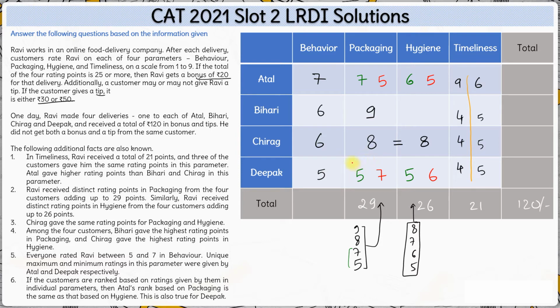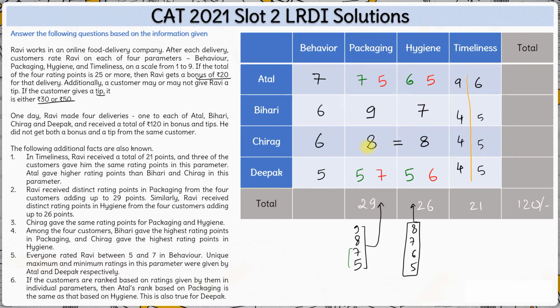Fine. So one thing is for sure, that in hygiene, Atal and Deepak will be giving ratings of 5 or 6 in any particular order. Hence Bihari will be giving a rating of 7 in hygiene here. Okay. So these are again 2 cases that we'll have to figure out.